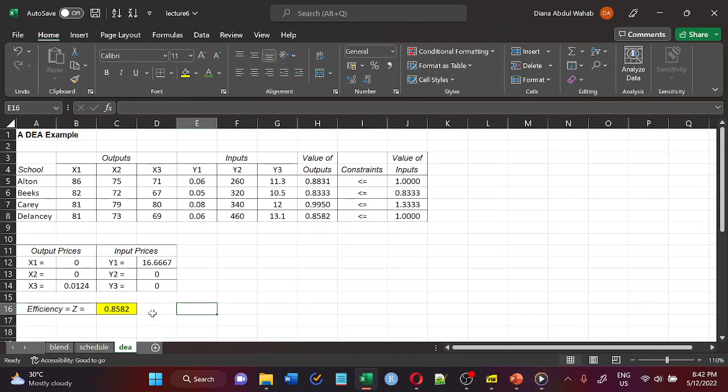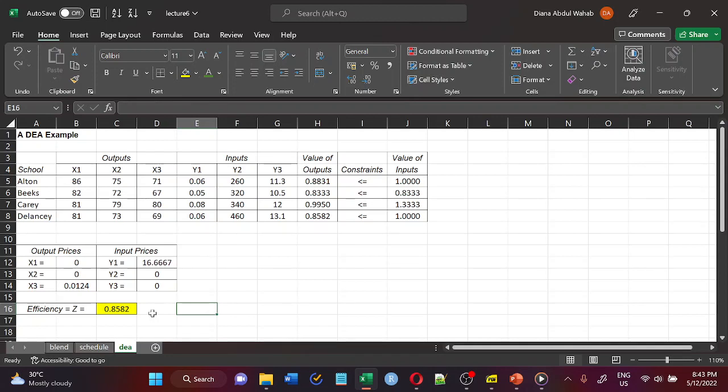But if we look at this analysis, comparing to other schools who have lesser inputs than Delancey, they are doing better. So that's why the efficiency score for Delancey is 0.8.